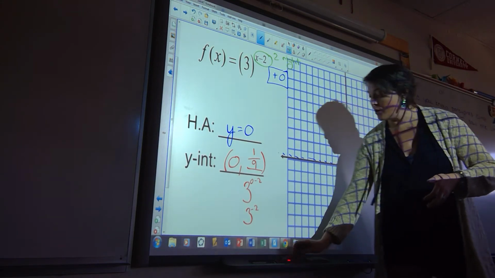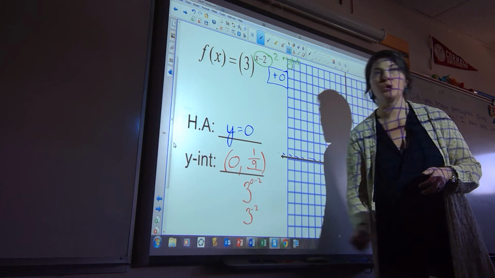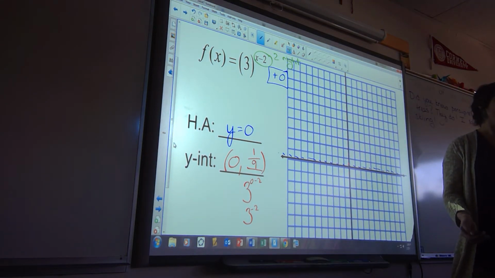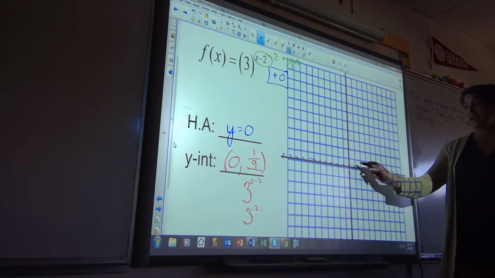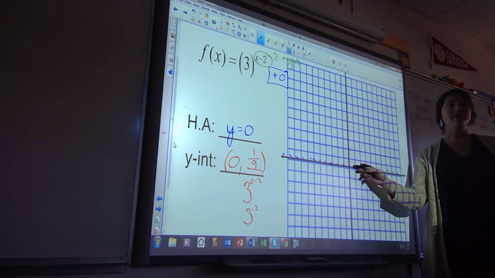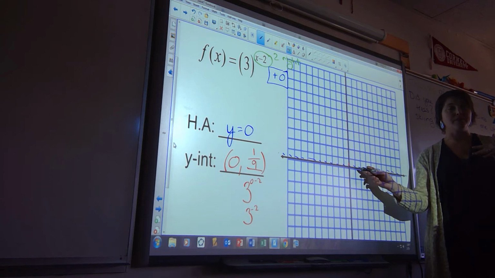All right, so what we want to do is grow by a factor of 3. So one thing you could do is just take this y value and multiply it by 3. And what would we get? 1/9 multiplied by 3 would be 1/3.